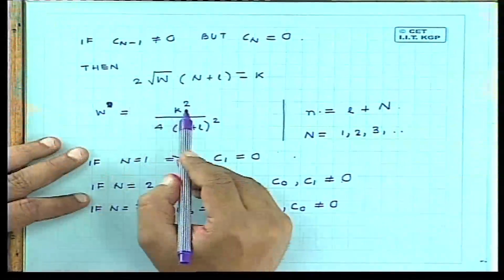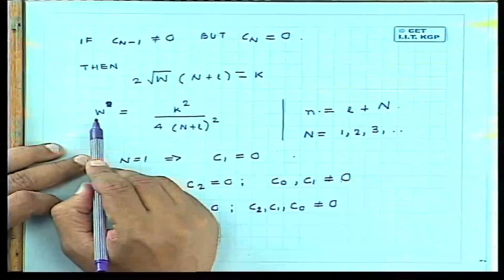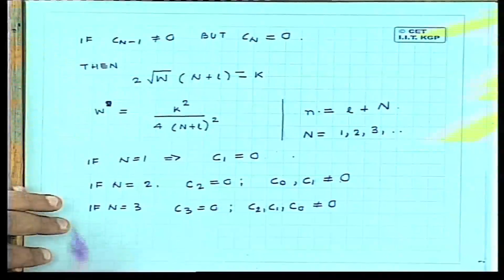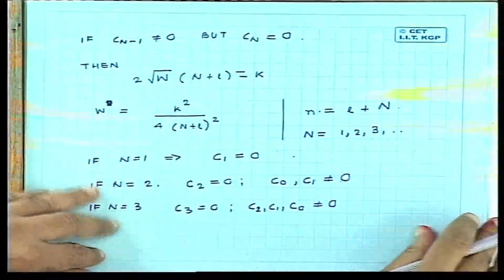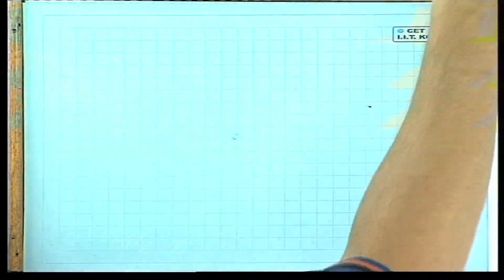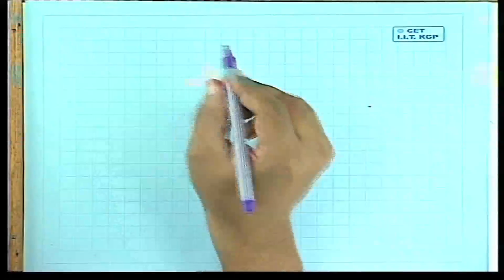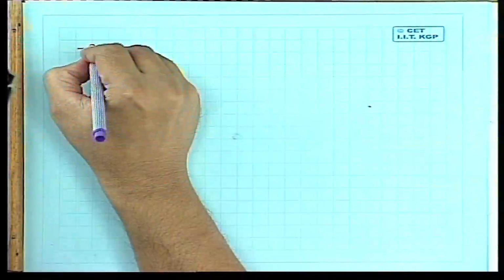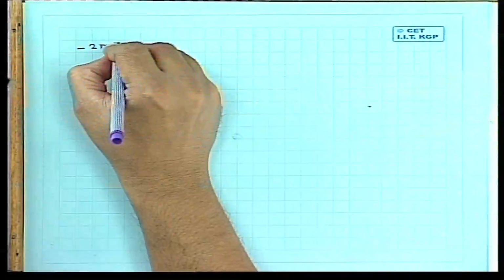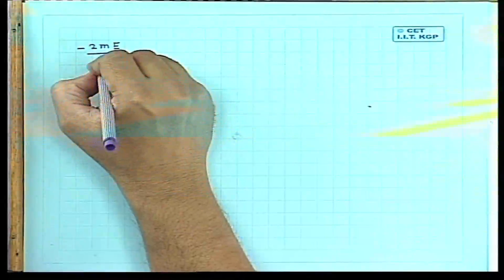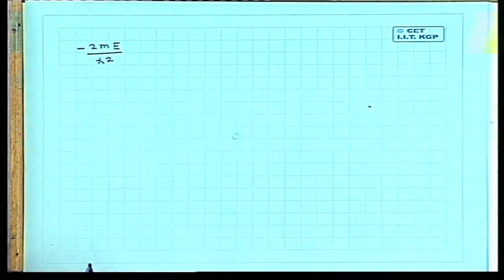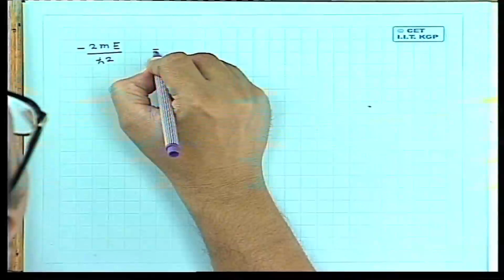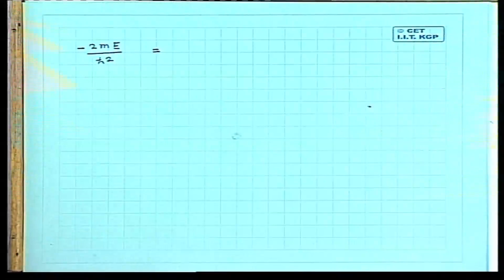Let us now put in what k is, what the W is, and get the condition for the energy. So the condition for the energy is, W is minus 2 me by h cross square. This is equal to k squared.